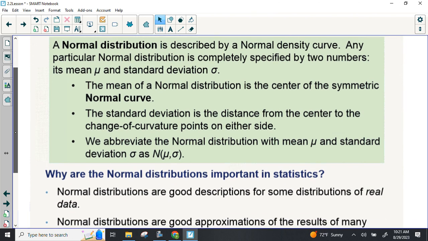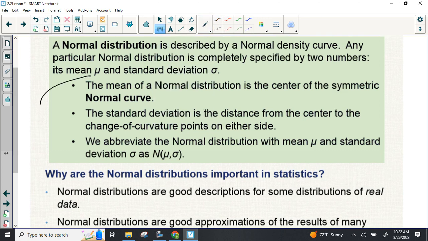All right, so your normal distribution is described by a normal density curve that will look very similar to the curves that we just drew in the last slide. Yesterday, I told you about your mean being mu and standard deviation sigma. Let's talk about that a little bit more. First of all, just in case you missed it, this thing is called mu.